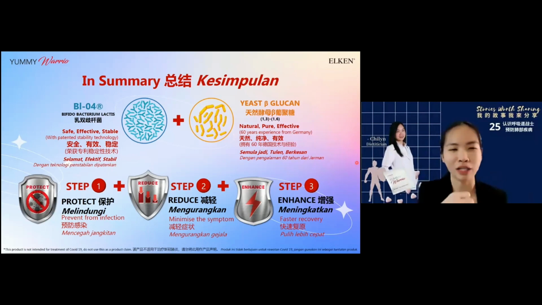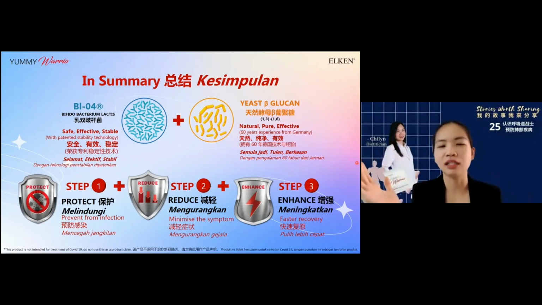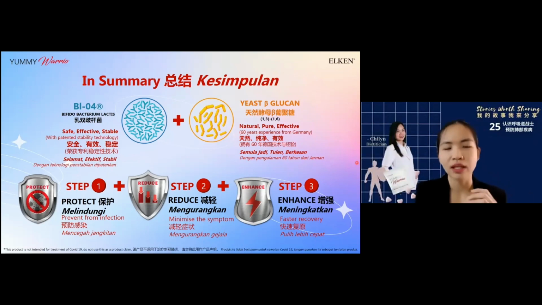Next, we have beta-glucan, and it comes from natural yeast. So its processing method is also very pure and natural. And it's more effective as it has higher purity and higher binding action. So it can help increase our immune functions.